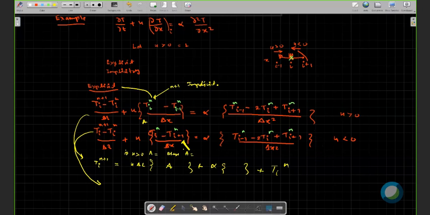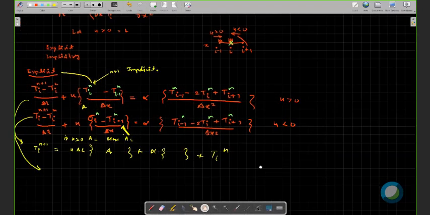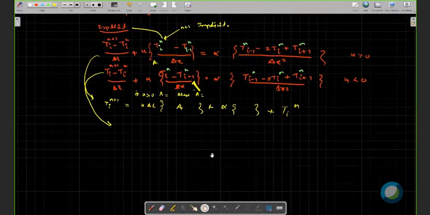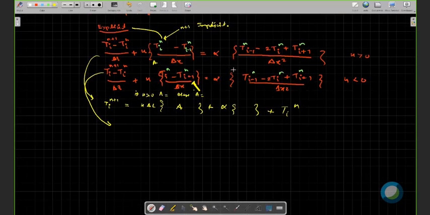Okay. So let me just take some hypothetical case. Say u is 1 and delta x is 0.2.